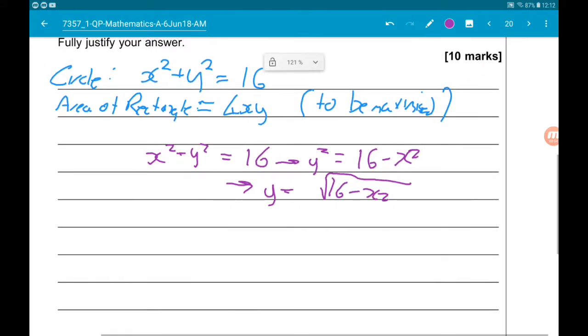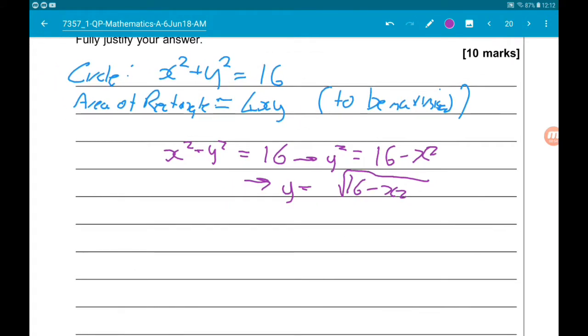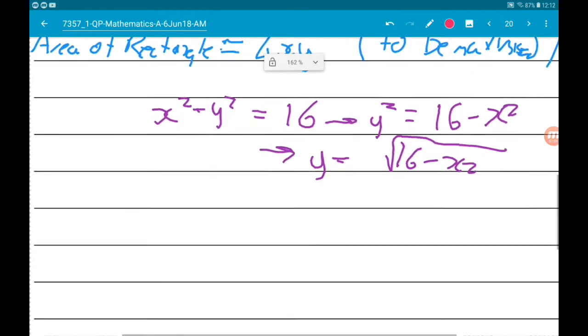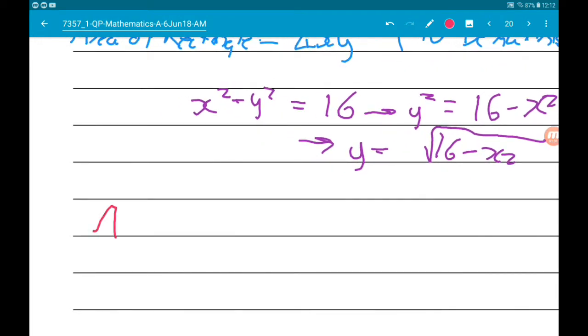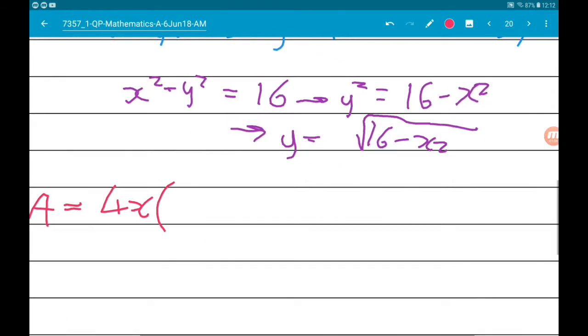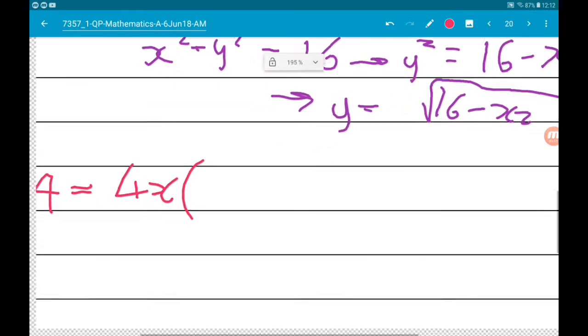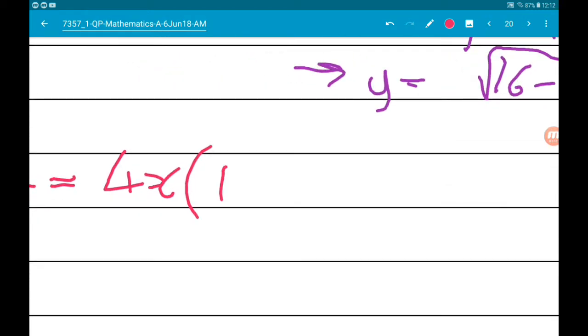So now we can write A as 4x times 16 minus x squared to the power of 1/2.